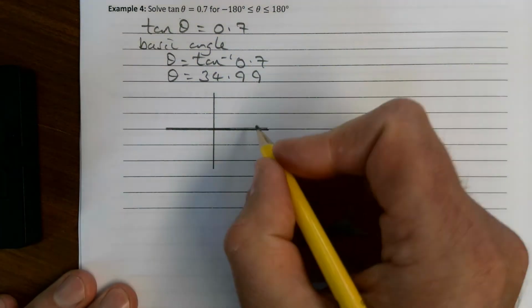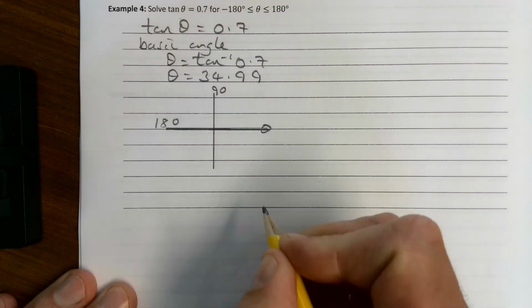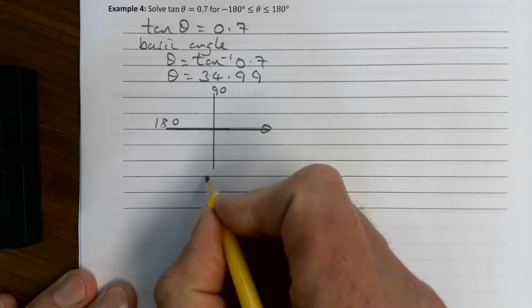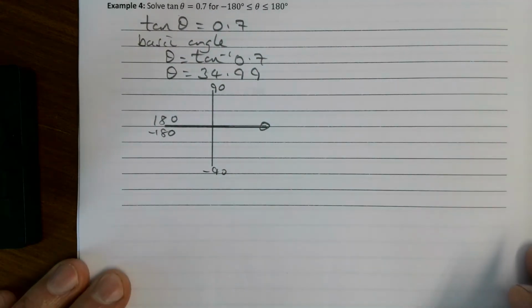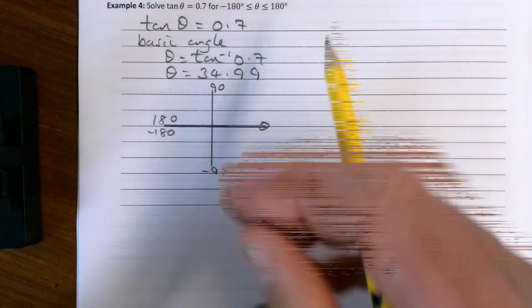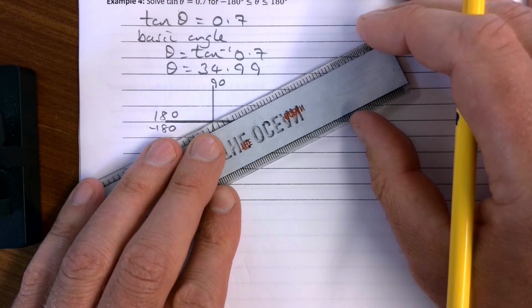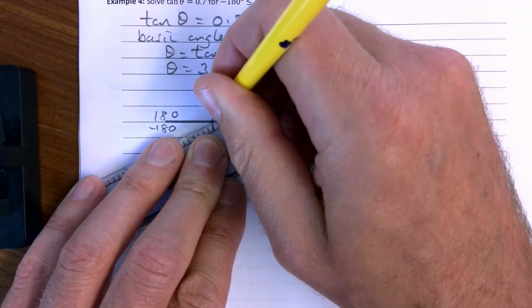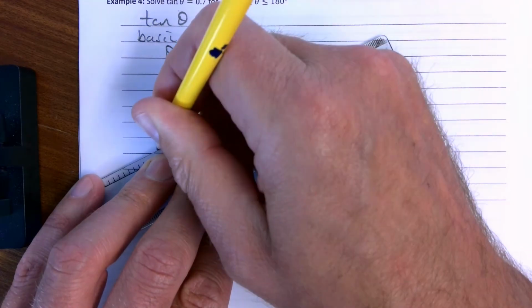Neat, and this time between again 0, 90, 180, and again then going the other way, 0, minus 90 and minus 180. We want where tan is positive, that's what the question asks, so it's going to be here, and that's effectively 34.99 degrees, and also here.